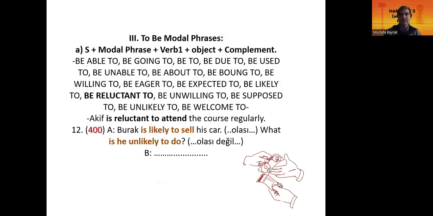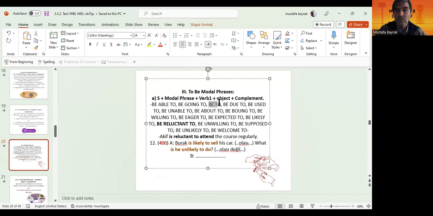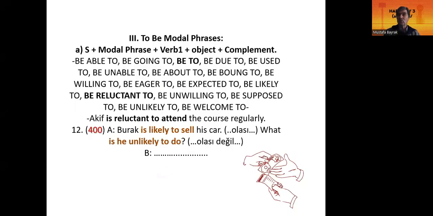To be modals: be able to, be going to, be to. This is really important. Be to, is to, was to, be to plus verb one, of course. Be due to, be used to, be unable to, be about, which is about the future.